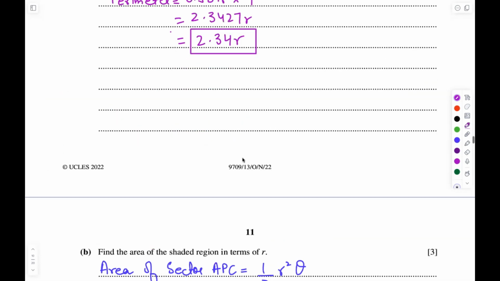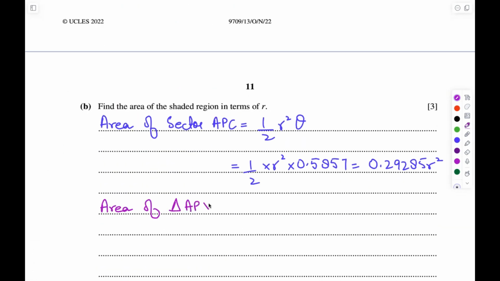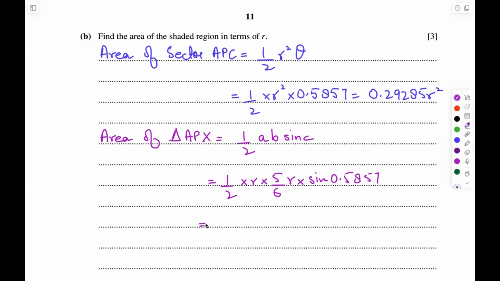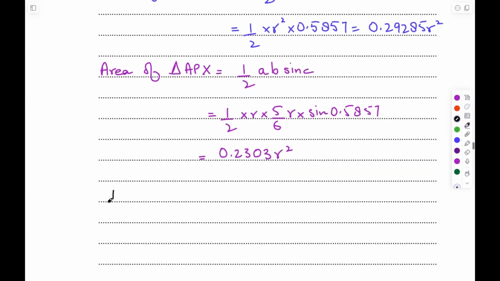For finding the area of the triangle APX, we'll use the formula half ab sine of C. As one of the lengths is R and the other length is 5/6 R, and the angle is 0.5857, substituting this in the calculator, we get sine of 0.5857, which is 0.5527, multiplying it by 5 and dividing it by 12, we'll get 0.2303 R squared.